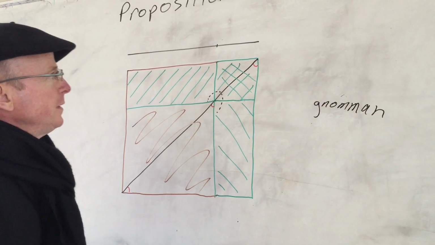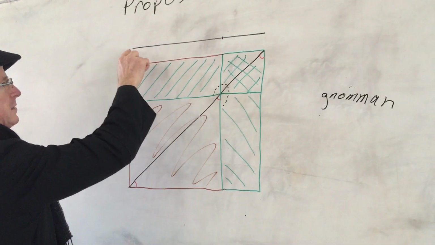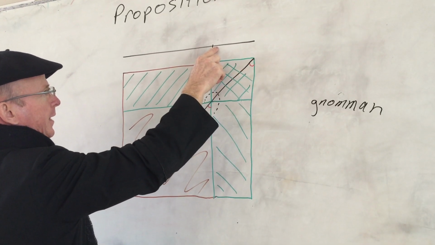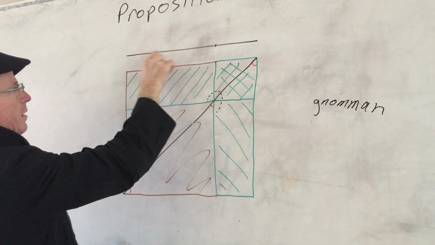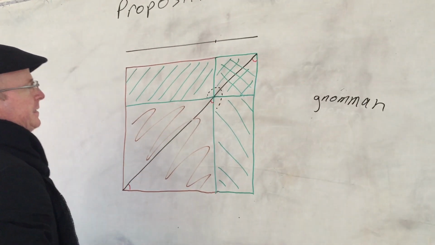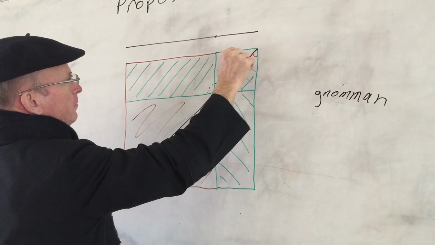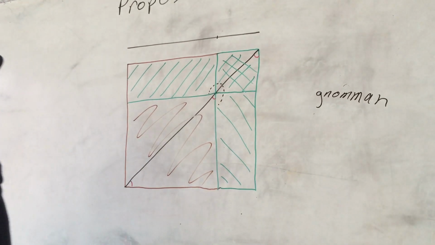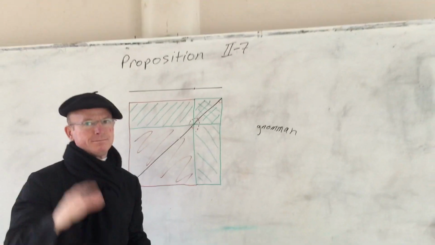Therefore, we have shown that if there be a line and it be cut at random, twice the rectangle contained by the whole line and that on one of the segments, plus the square on the other segment, is equal to the square on the whole line plus the square on the aforementioned segment. Quod erat demonstrandum. Bye bye.